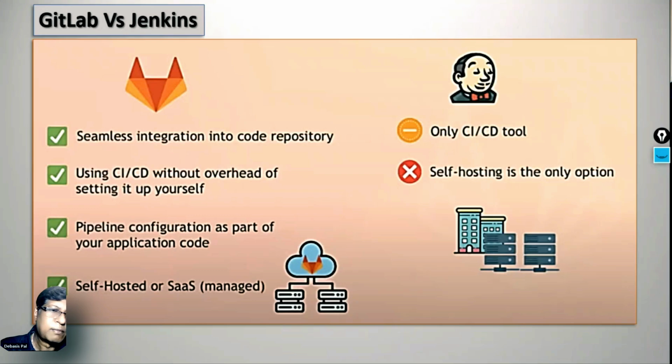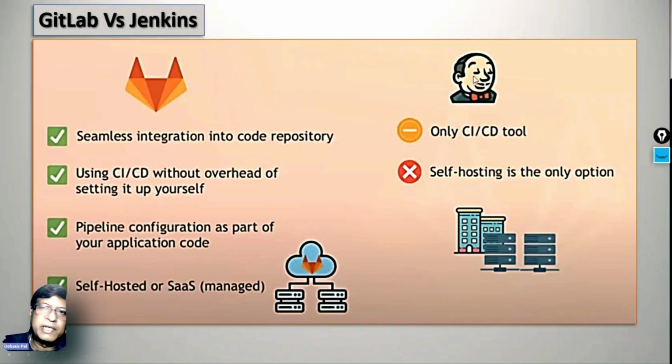Because GitLab provides you, you just have to create an account. Like in AWS, you create an account and that's all. You start working on the cloud. Here also in GitLab, you just have to create an account and that's all. You start building your pipeline. You can start building your project from the very scratch, whereas it is not the same case with Jenkins.